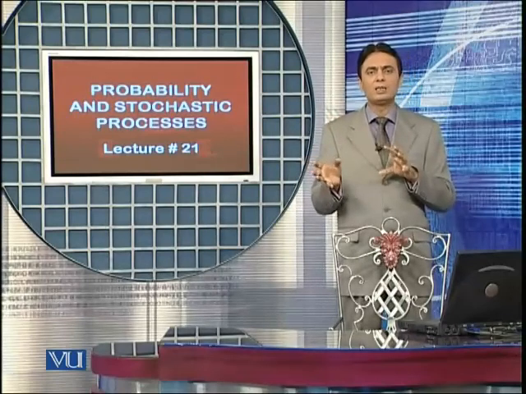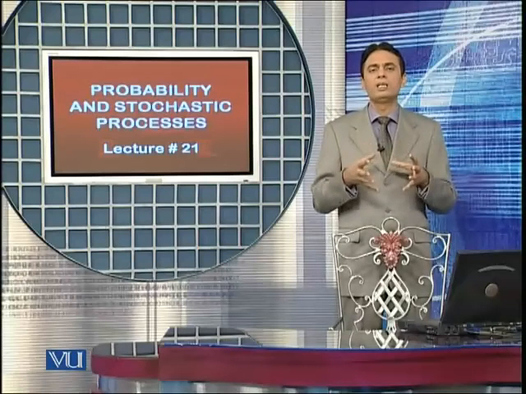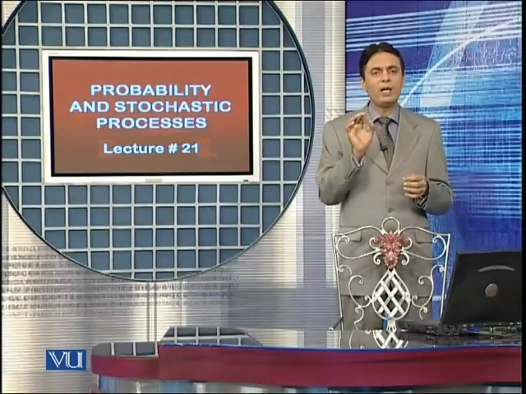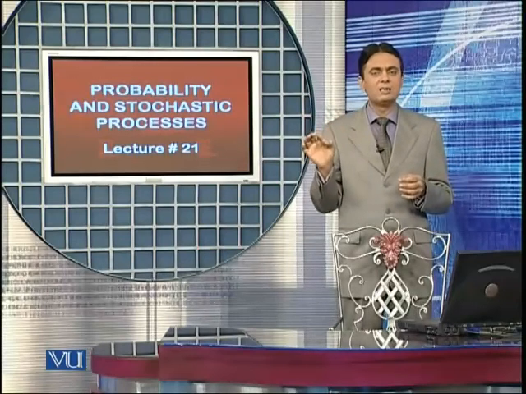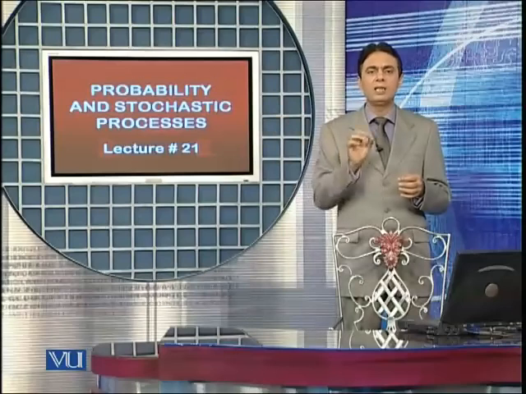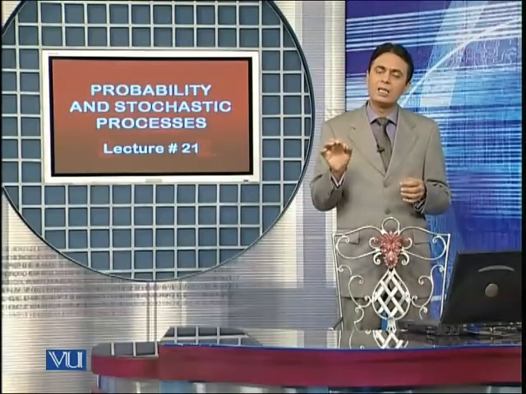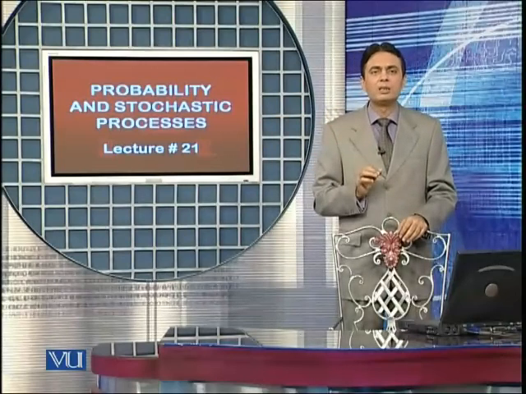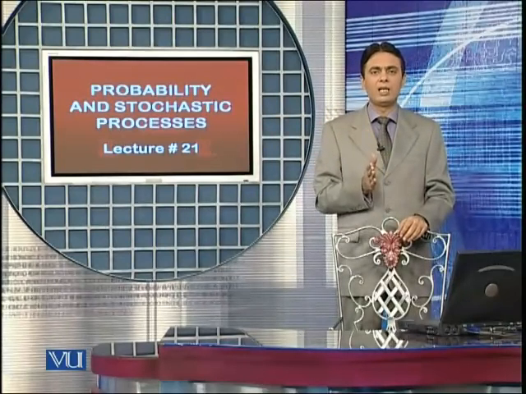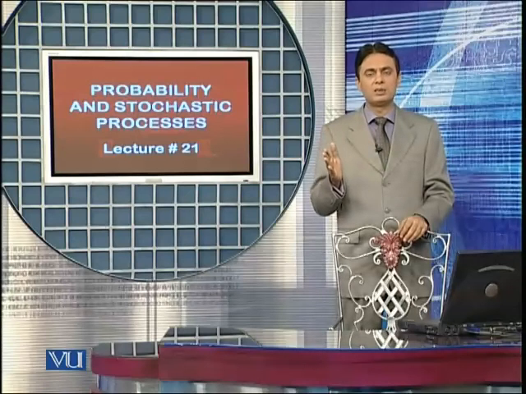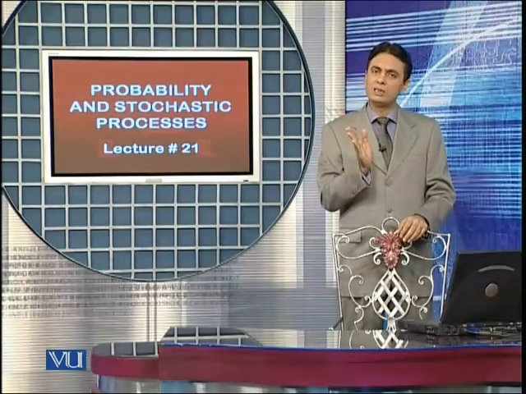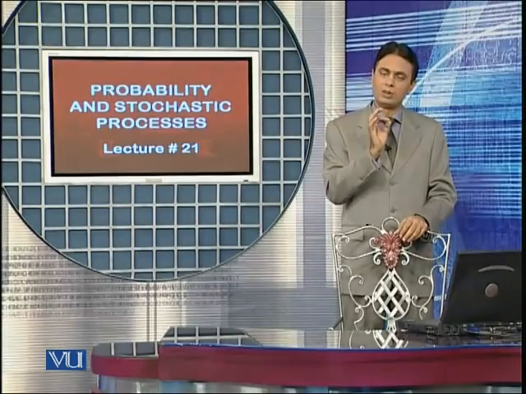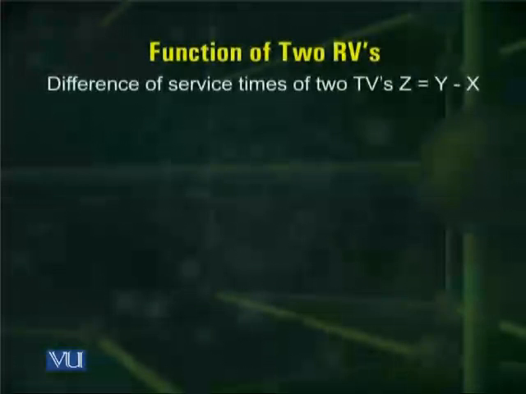So when you rearrange the terms, you are interested in finding probabilities of all those points where y minus x is less than z, and if you move x to the other side, y is less than x plus z. Remember, z is a variable parameter. So this is a straight line, y equals x plus z, where z is the y-intercept and x, being with coefficient 1, has a slope of 1.